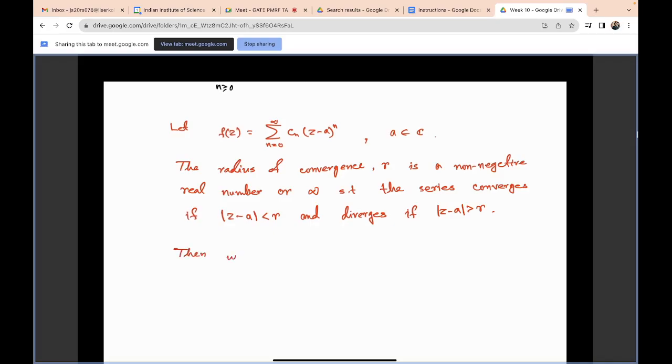Then we can find the radius of convergence by the following formula.